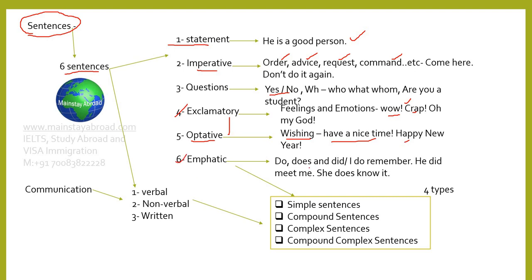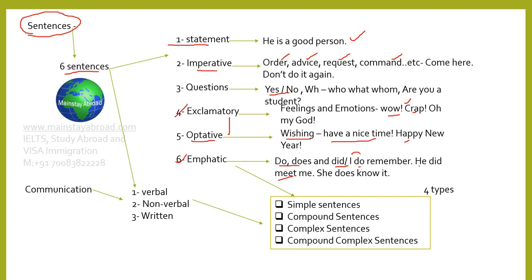Emphatic is another sentence with do, does and did. Do and does are the present form, did is the past form. If you say "I remember," there is no emphasis, but if you want to give emphasis, then you can create an emphatic sentence by using do: "I do remember." "I did meet" means after did you use the present verb, but this is considered past form, meaning you are giving very much emphasis to meeting.